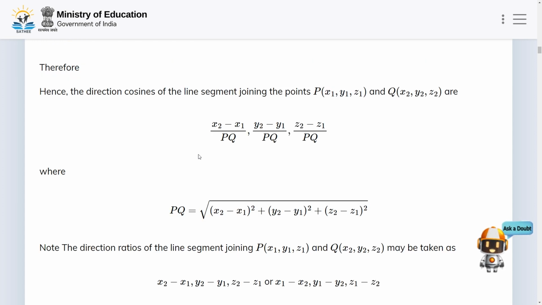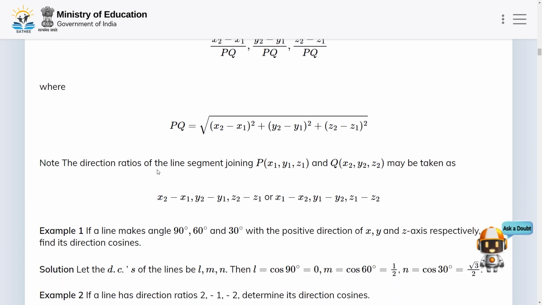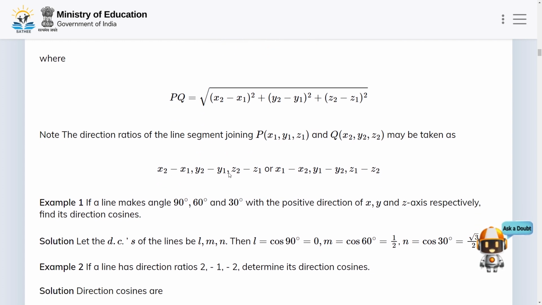Now, the direction cosines of the line segment joining the points P and Q are these, where PQ will be the root of (x2 minus x1) whole square plus (y2 minus y1) whole square plus (z2 minus z1) whole square. Note that the direction ratios of the line segment joining P and Q may be taken as x2 minus x1, y2 minus y1, z2 minus z1, or x1 minus x2, y1 minus y2 and z1 minus z2.